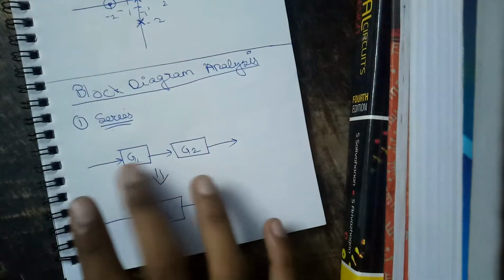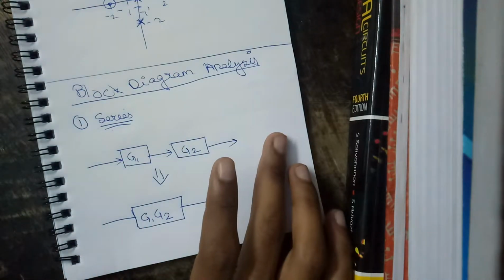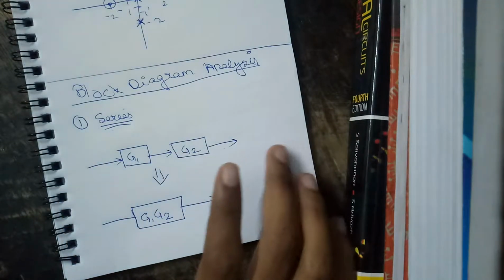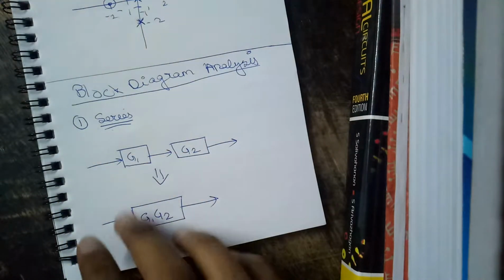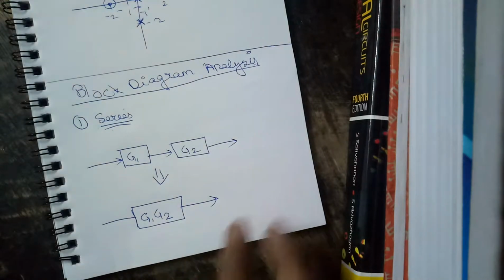That is, if there are n number of blocks, g1, g2, g3, g4, the equivalent transfer function would be the product of each transfer function, that is g1, g2, g3, g4. So that is the series rule. That will be the total gain factor.